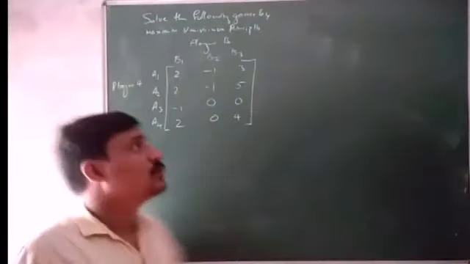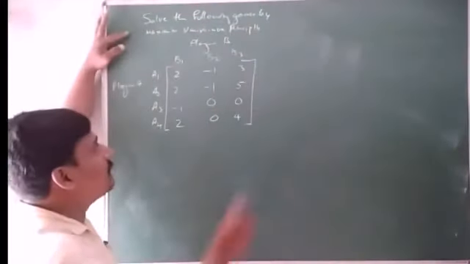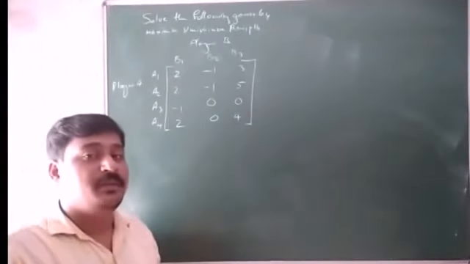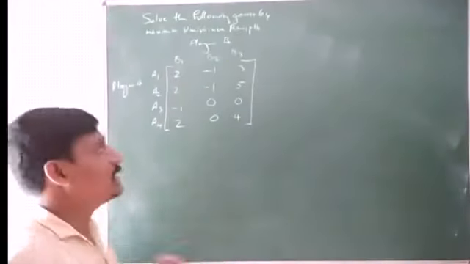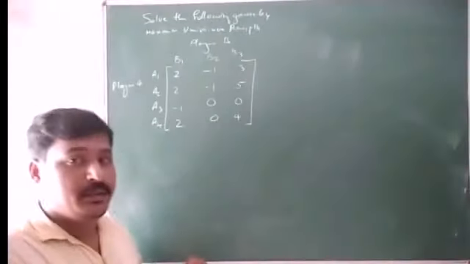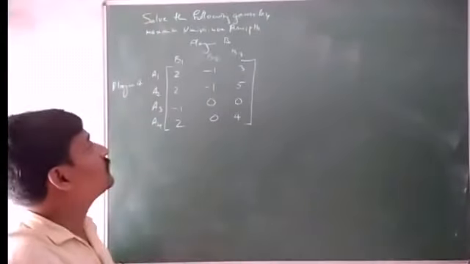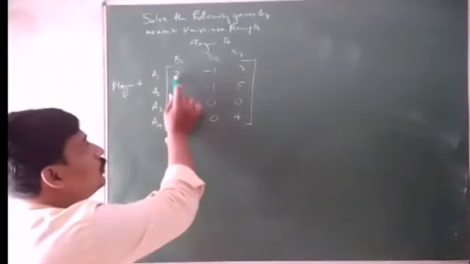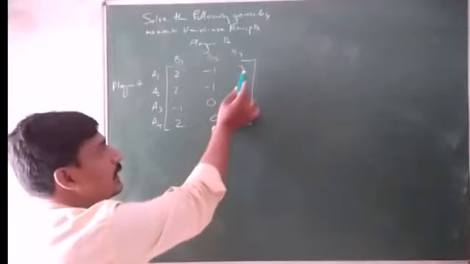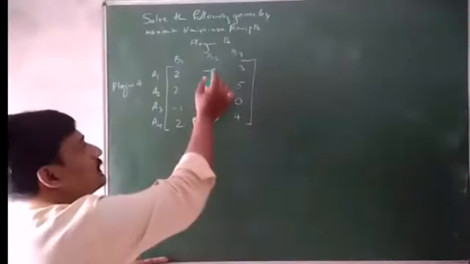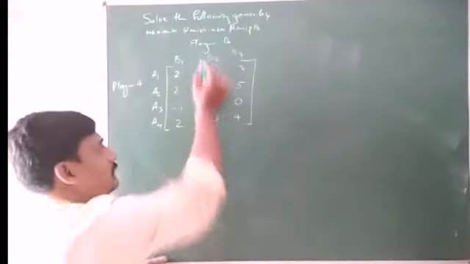Now solve the following game by maximin and minimax principle. Maximum of the row minimum. So first we have to select row minimums, and circle them. First row, 2, -1 and 3. Row minimum here is -1, circle it.